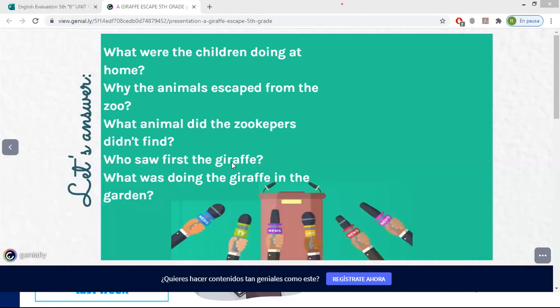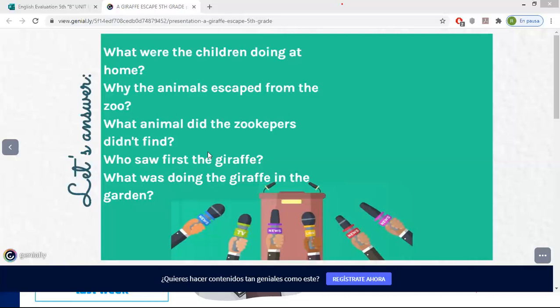Alex, Tyler, or Alice? Who first sees the giraffe? No ideas? Andrea, please tell me. Alex. Yes, Alex heard a noise in the garden, so he ran, opened the window, and he saw a giraffe.